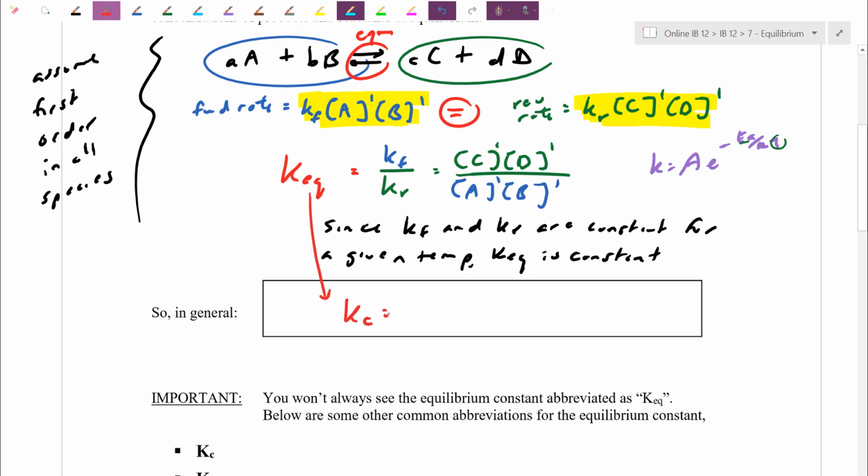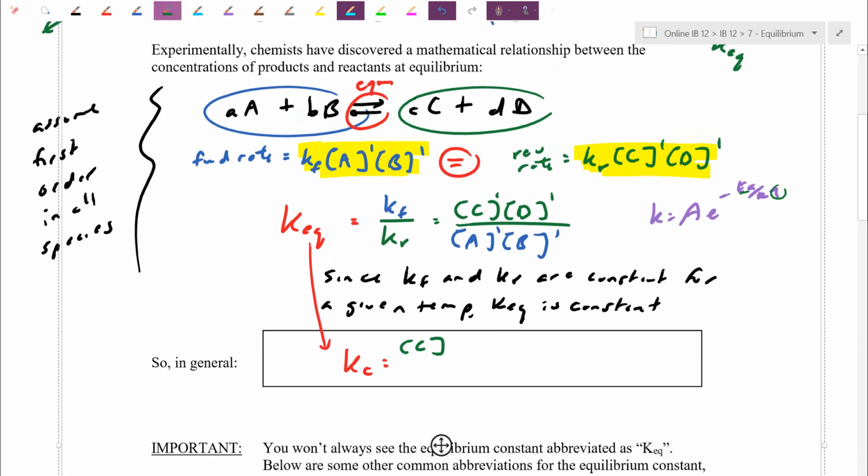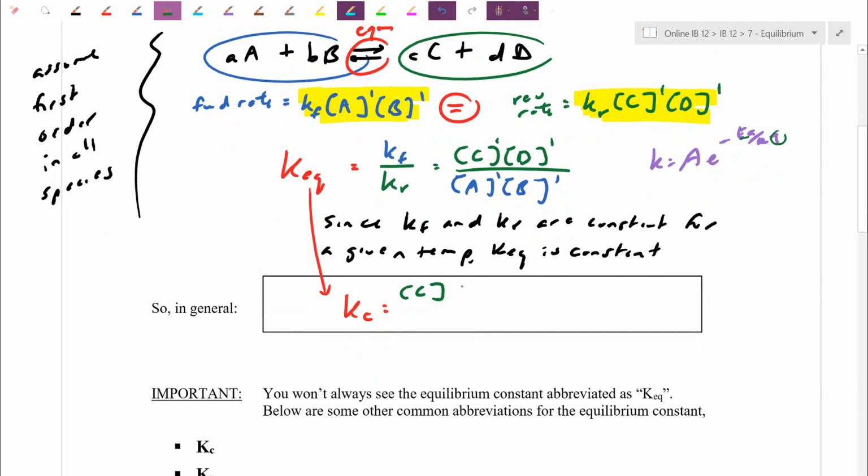So Kc, I know it has something to do with the rate constants in the back. I know that's why it's only temperature dependent, but it's basically going to be the concentration of C. Sure, we could still be in first order here, but in case we actually had coefficients, we're going to go C to the power c, D to the power d, all over A to the power a, and B to the power b. So that's just a rough definition for you here.